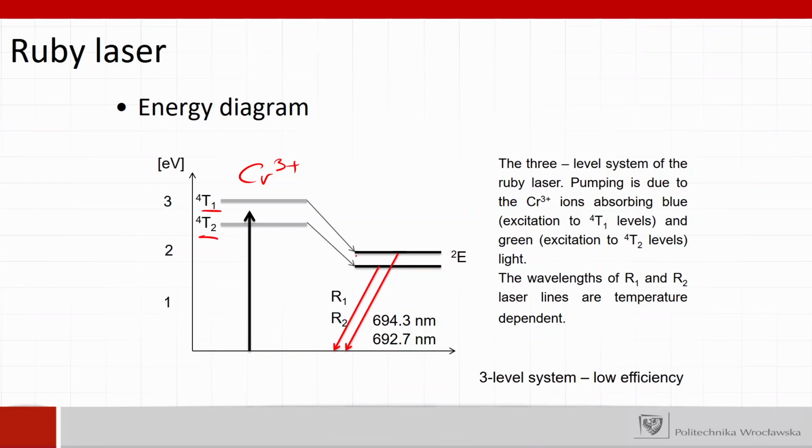Then we have a non-radiative decay, and we have two possible lines, R1 and R2, at two different wavelengths that can be emitted from this ruby laser. So this is a very simple structure. And yes, this was the first laser.